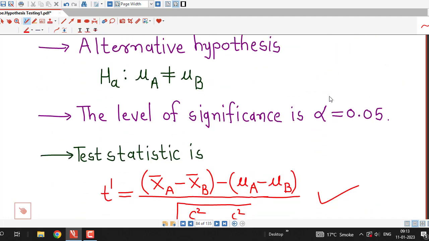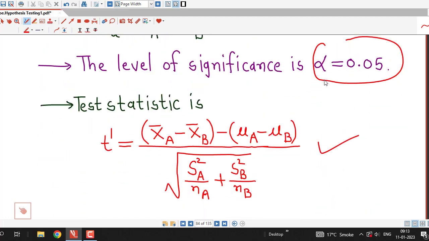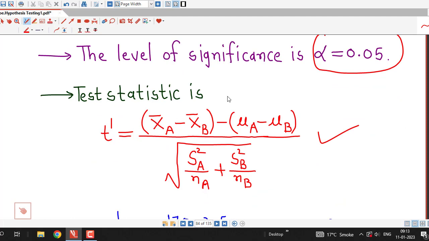The level of significance is 0.05. Test statistic is in the case of unequal variances. We have this formula for the test statistic, and it is denoted by t dash: x bar A minus x bar B minus mu A minus mu B, divided by square root of S A square over NA plus S B square over NB.